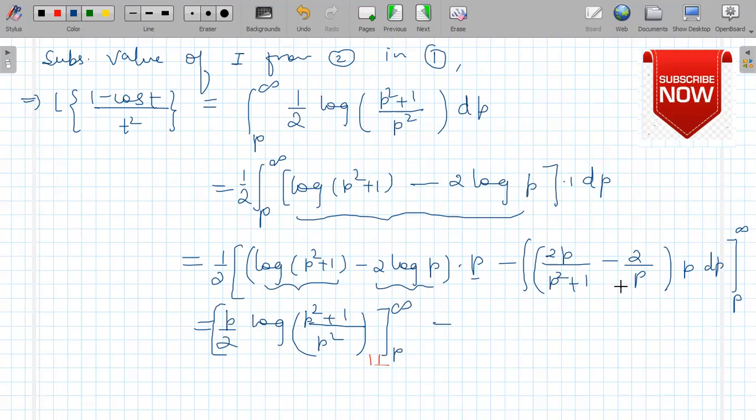When you solve this, you will get p square plus 1 into 2p square minus 2 dp. Let me do it on the next page.